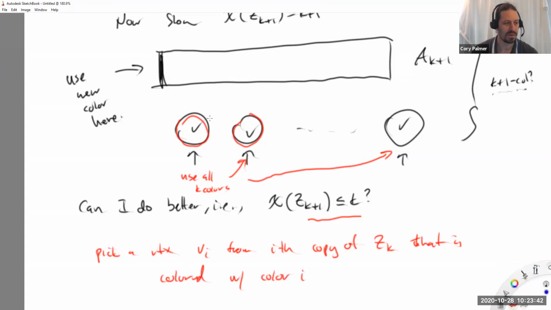So this graph, this Z_k, sees every single color. Pick a vertex in it of color 1. The second copy sees every color, so pick a vertex in it of color 2. The third copy sees every color, pick a vertex of color 3. And the last graph sees every color, so pick a vertex of color k. Say those as before, this is vertex v1, that's v2, and this is vk.